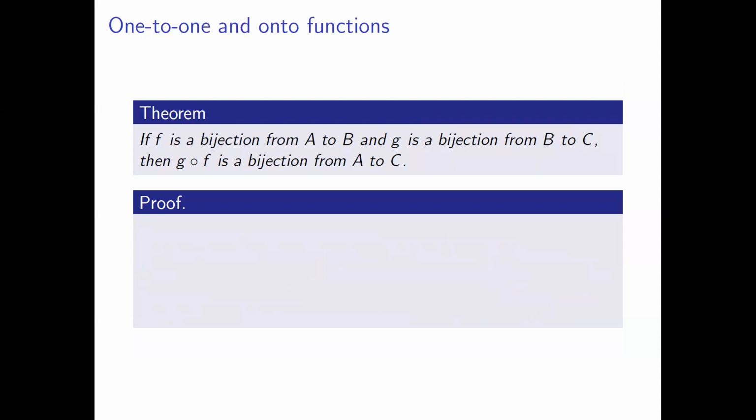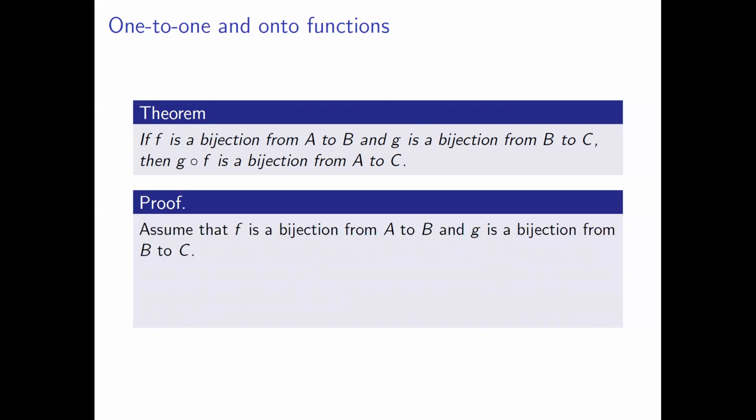This result describes a property of the composition of two bijections. If f is a bijection from a set A to a set B, and g is a bijection from the set B to a set C, then gf is a bijection from the set A to the set C. To prove this, assume that f is a bijection from the set A to the set B, and g is a bijection from the set B to the set C. Then both f and g are 1-to-1 functions.